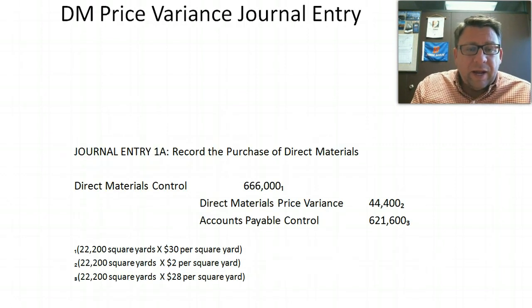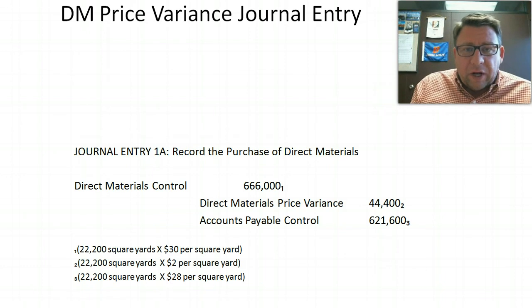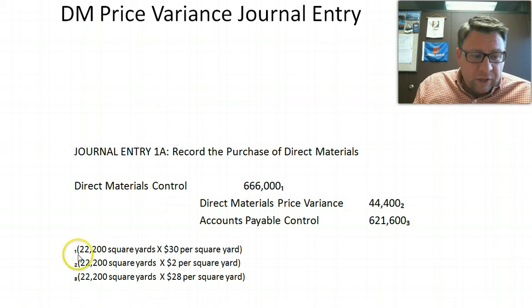So let's go ahead and journalize the direct material price variance. So we debited our direct material control account. Again, this is like our raw material account. But in this case, we're just assuming all of our materials are direct, or that we know what the materials are that are direct. And we're doing that by the 22,200 yards times $30.